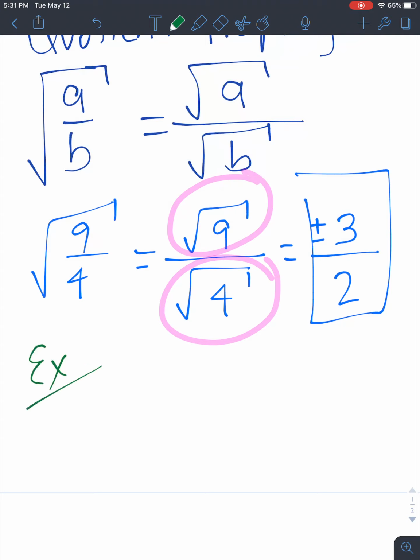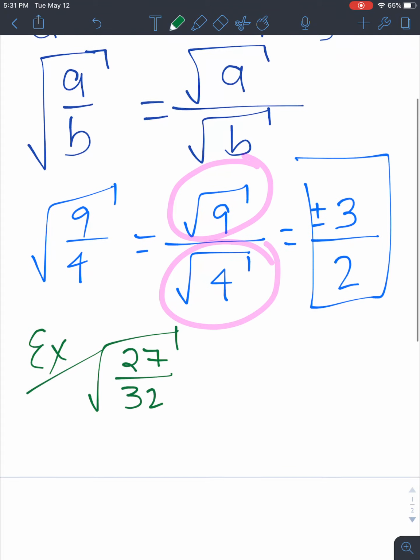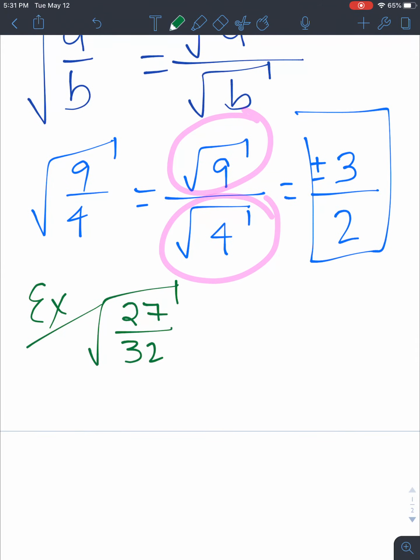So if we had the square root of 27/32, we're trying to simplify that. Your first step in these problems is you're going to have to break it into your two radicals.